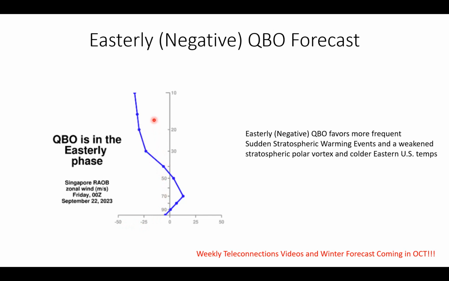So we're looking at an easterly or negative QBO in this upcoming winter season. Why is that important? I mentioned favoring colder than normal temps in the east with the easterly or negative QBO. But also, research has shown it favors more frequent sudden stratospheric warming events and a weakened polar vortex in the stratosphere. So that's why I focus in on this.